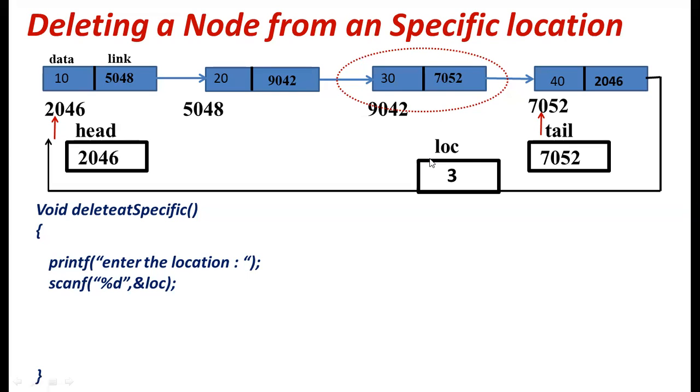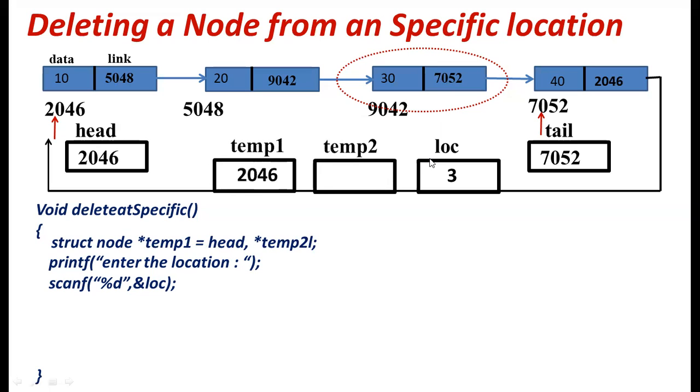So to make this logic work, we are creating 2 temporary pointer variables, temp1 and temp2. So here we are creating struct node temp1 which is pointing to head, and temp2 which is having the garbage value. Now we have to make the pointer temp1 point to this particular location.